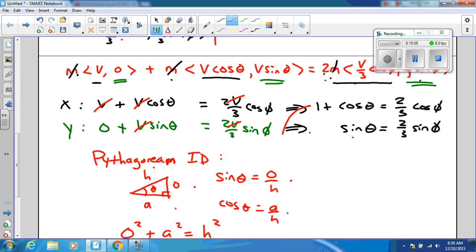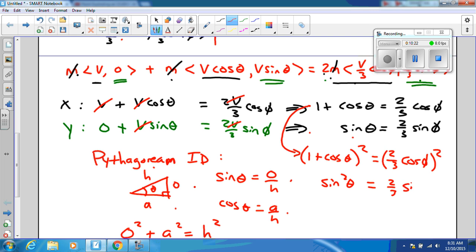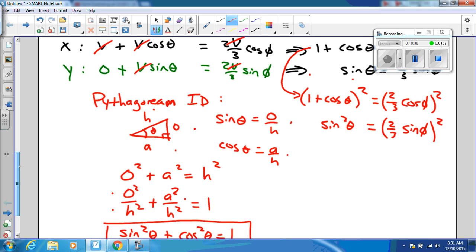What I'm going to do is to take these two equations right here and square them and add them. And when I square the top equation, I'm going to get (1 plus cosine theta) squared equals (2/3 cosine phi) squared. And when I square the bottom equation, I'm going to get sine squared theta is equal to (2/3 sine phi) squared. Okay.